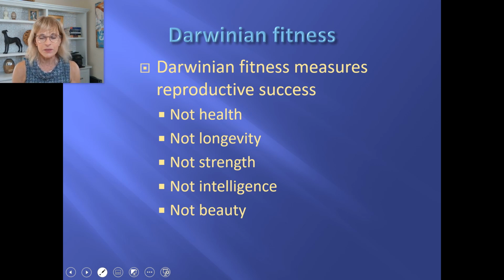One of the things that you will hear me say one day is that there are diseases that happen in people my age or people your parents' age. And you might wonder, well, if evolution works, then why do people get high blood pressure when they're in their 50s? Or why do people get cancer?